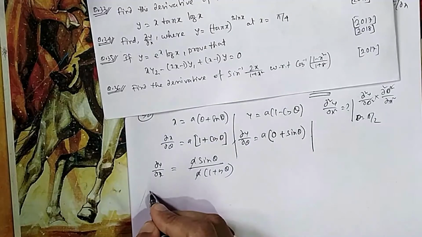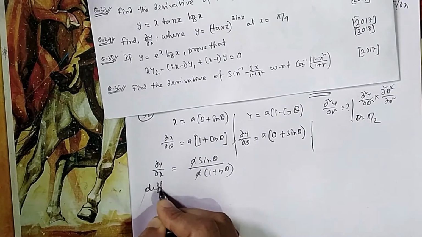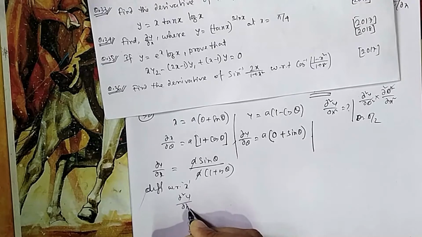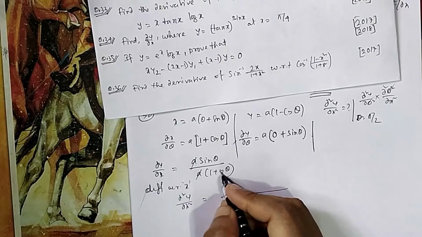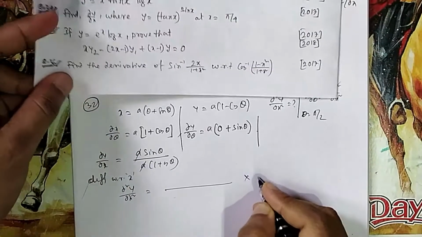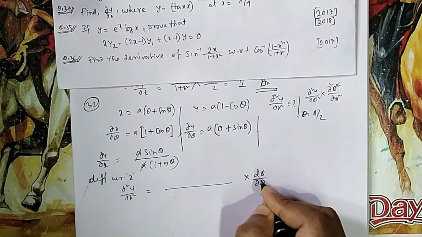Now you take the derivative of this again, differentiating with respect to x. So it will be d square y by dx square, and because it is theta, you are differentiating with respect to x. So first differentiate with respect to theta, and at the end you multiply by d theta dx.